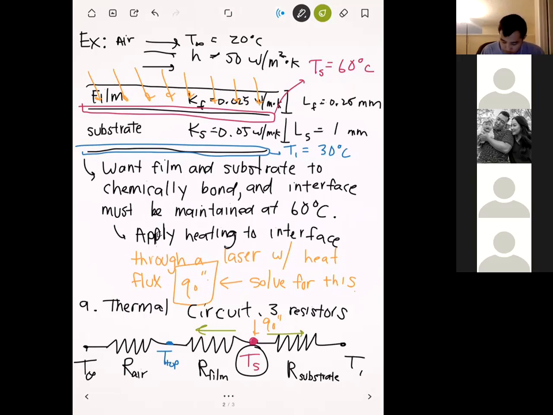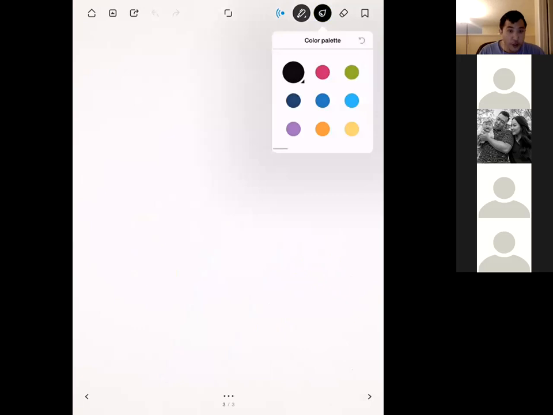By conservation of energy, we know that the heat that we're going to apply is going to be equal to those two heat paths I just mentioned.